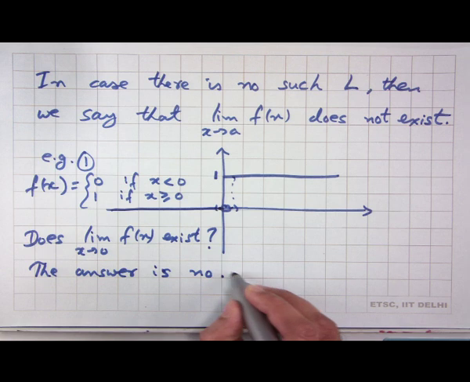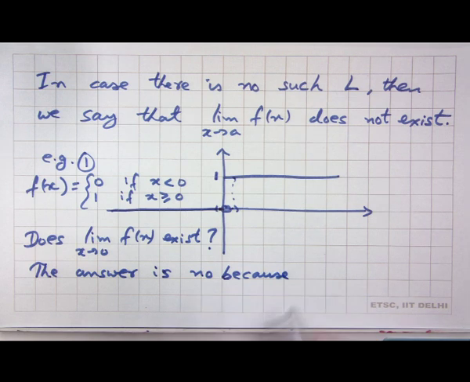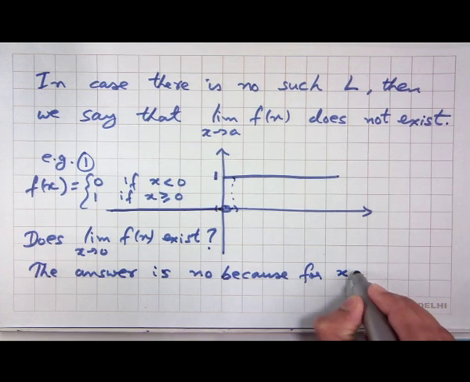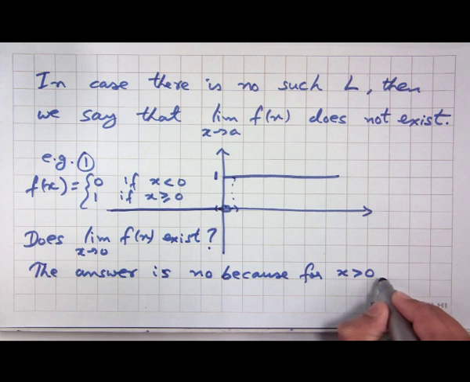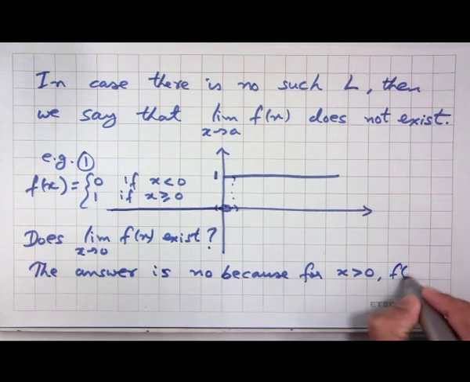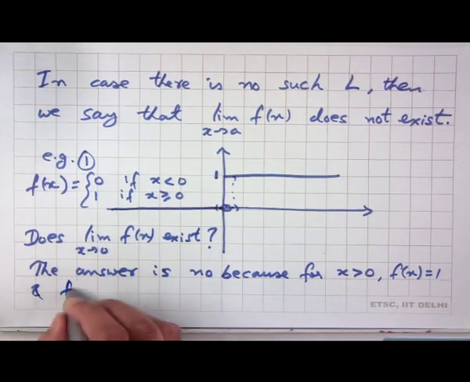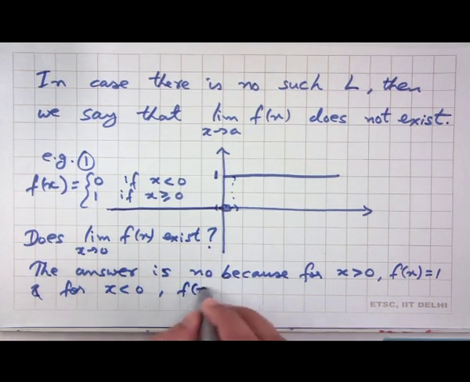Because for x greater than 0, f of x is equal to 1, and for x less than 0, f of x is always 0.